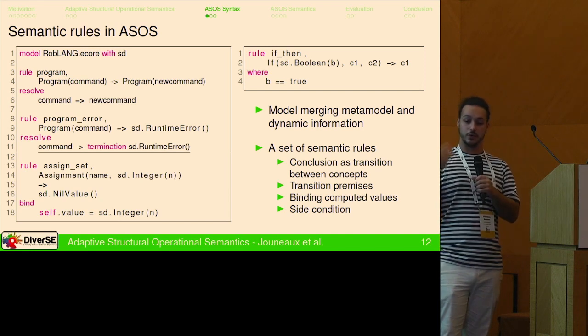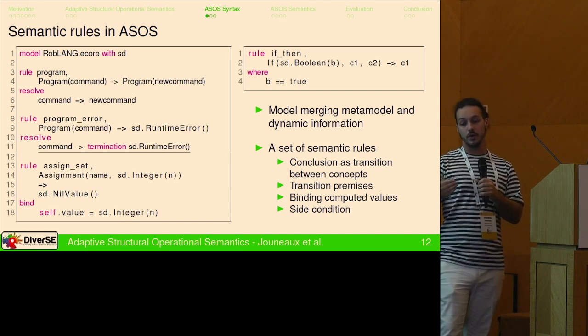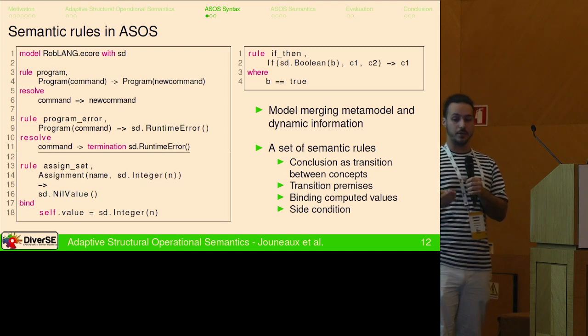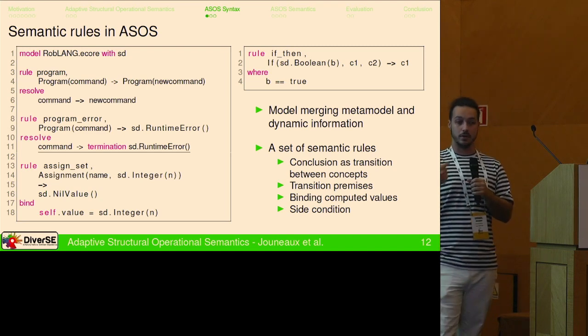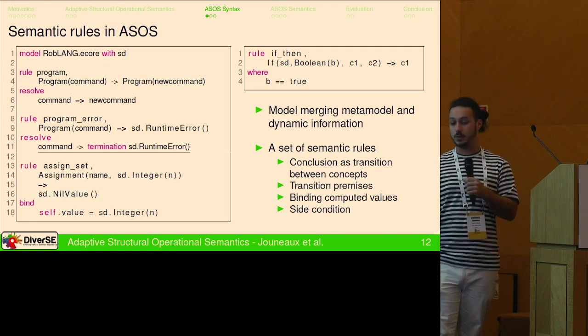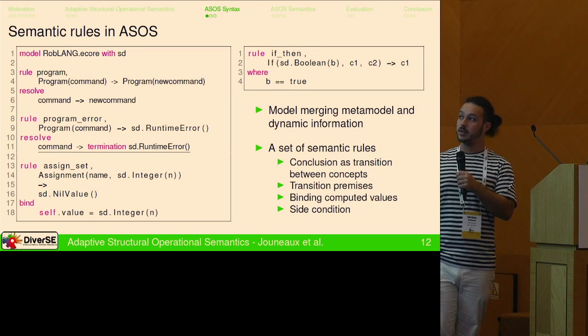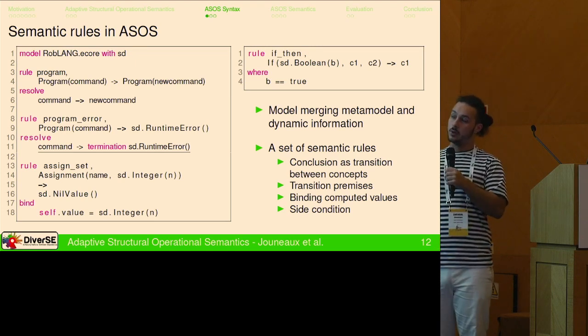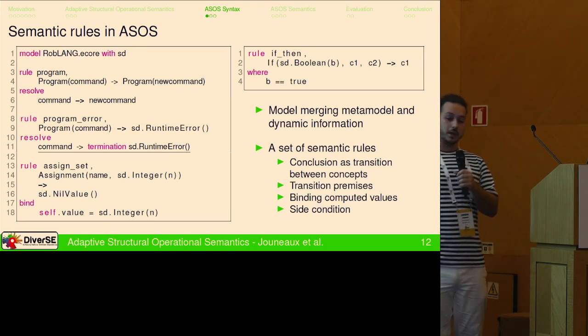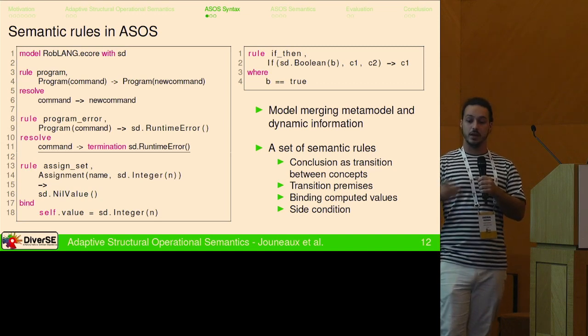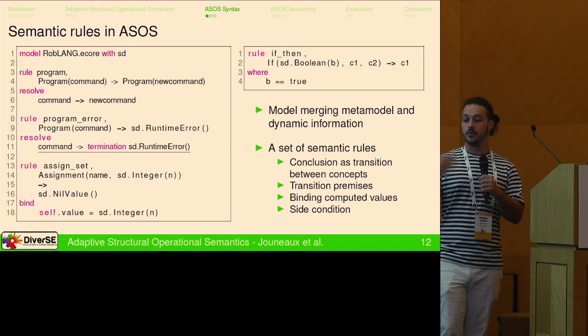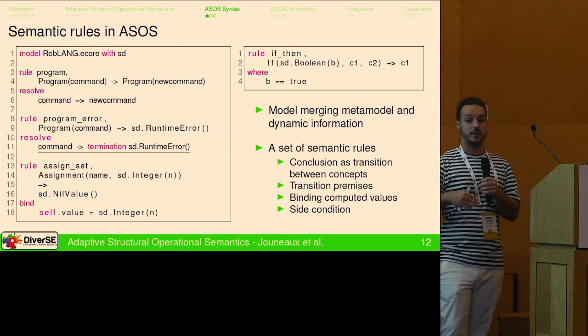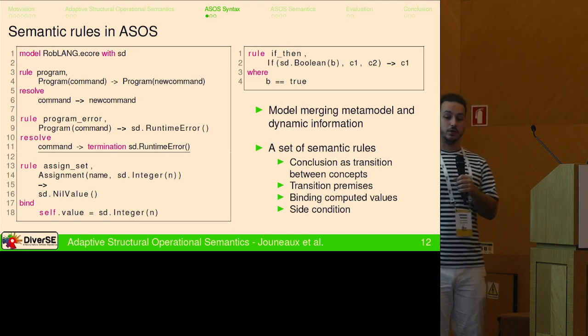To do so, you have the termination keyword, which, given as an output of the conclusion rule, will emit a signal of termination with some dynamic values. Here, for example, we talk about runtime errors. And in your premises, you can just catch that to manage it and continue, and fall back to another behavior. For example, if you get a return, you can just get the value and say that the function returned this value.